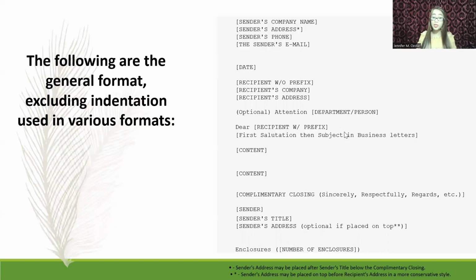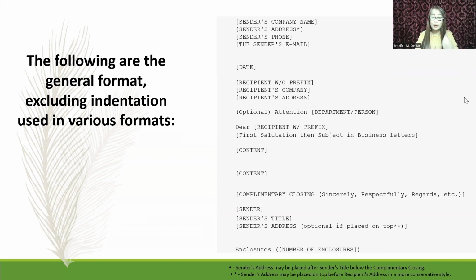Here are some of the general formats in writing a business letter. First, you're asking me what kind of address should be written. The response is the sender's company name and the sender's address. It's enclosed in an asterisk, which means the sender's address may be placed on top before the recipient's address in a more conservative style. You asked me last time, is it the sender's address or the receiver's address?